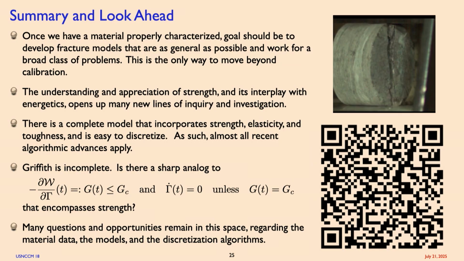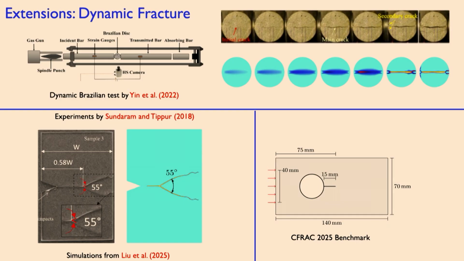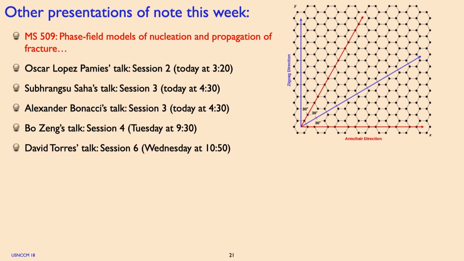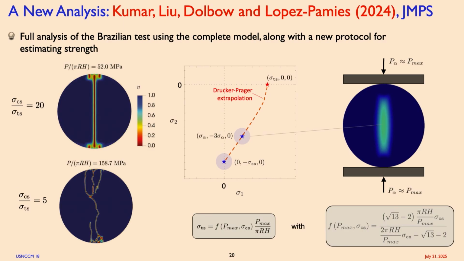Great question. There's a stochastic element to these tests, because even in the best case, experimentally, this is actually not a symmetric problem. But when we simulate it, we start off with lots of symmetry, and generally, it's advantageous to perturb the system in some manner. So the lack of symmetry that you see there in this particular case is due to the fact that this is brutal crack nucleation.